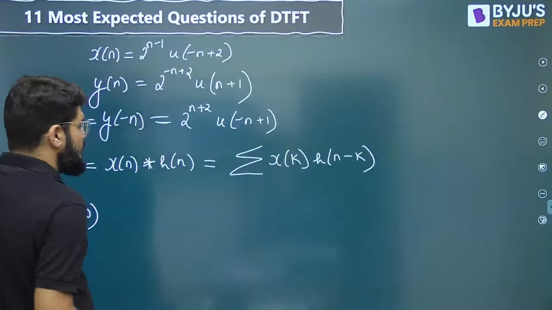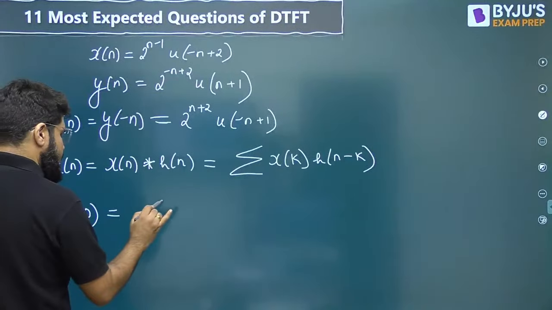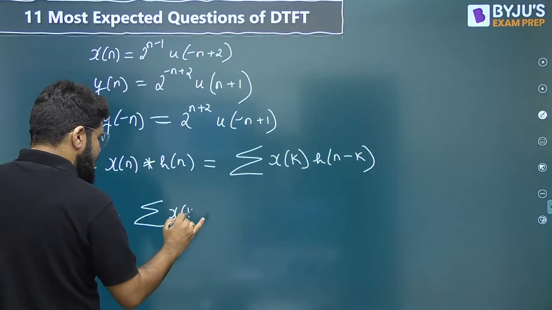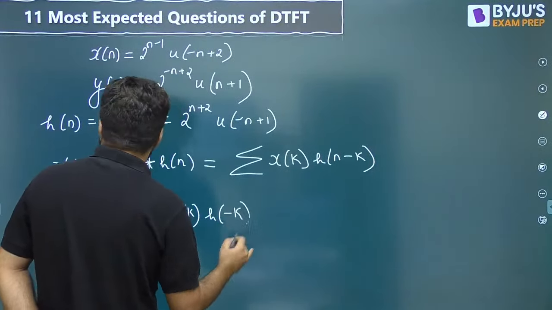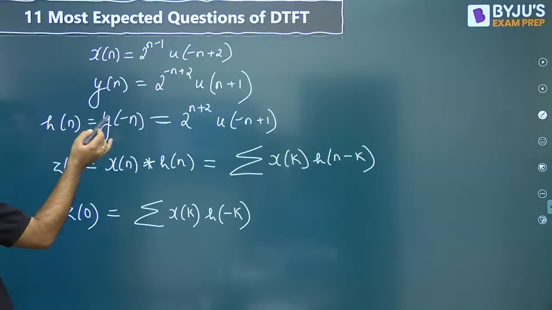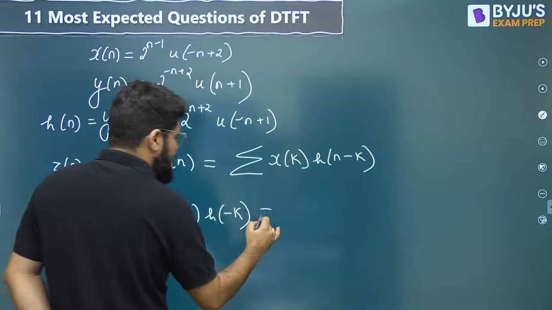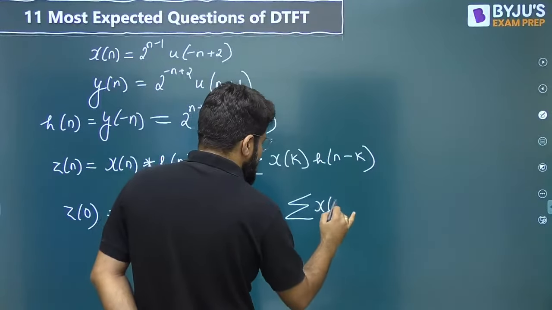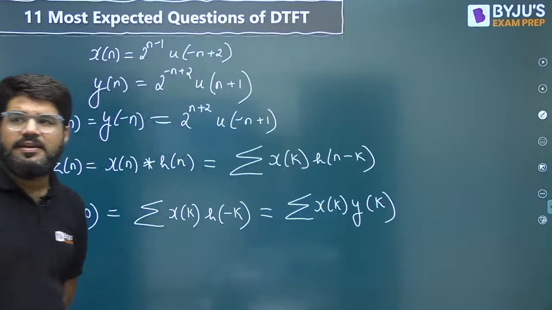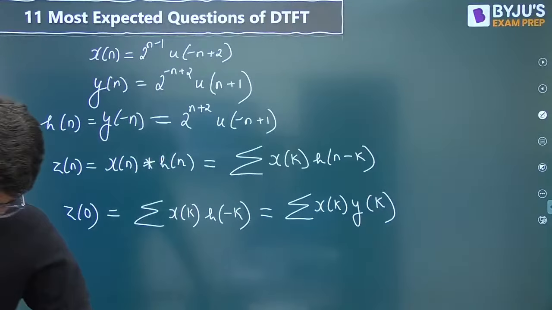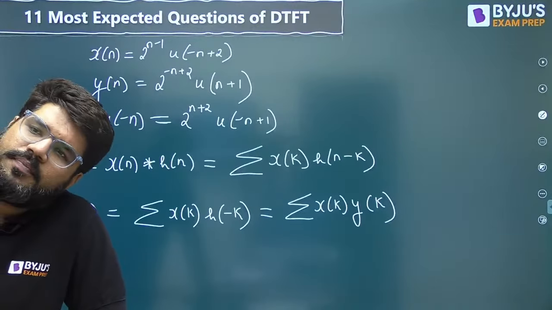I only want the value of z[0]. So z[0] will be summation of x[k] h[−k], since n equals 0. But h[−k] is y[k]. So the question is summation x[k] y[k].